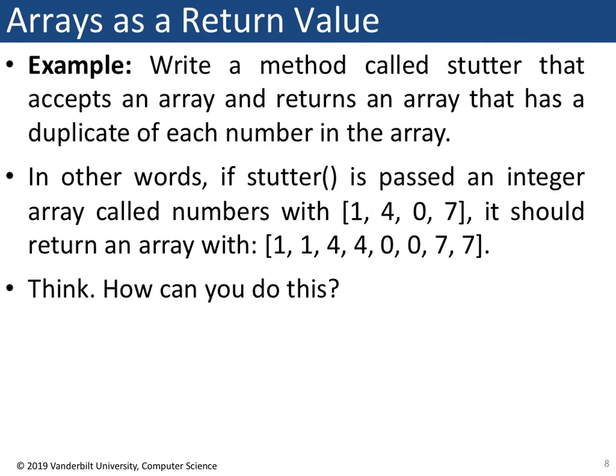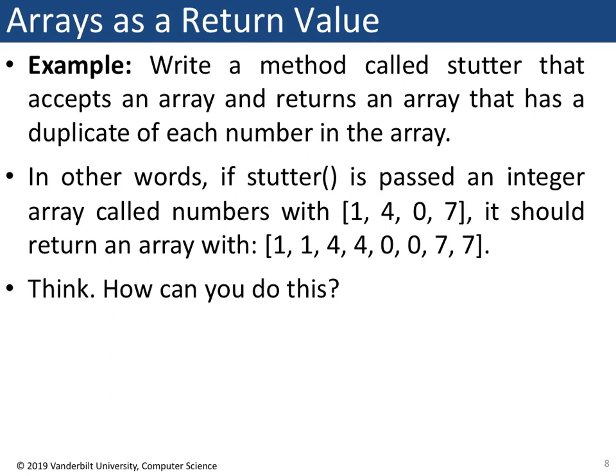For our next example, we're going to write a method called stutter. Stutter will accept an array as a parameter and will return another array. So these are going to be arrays of type integer, and what stutter is going to do is repeat each value in the array.